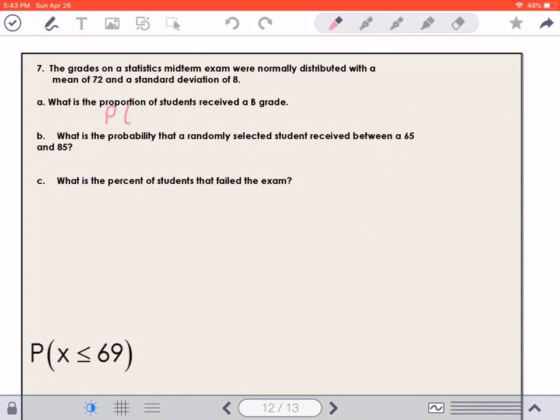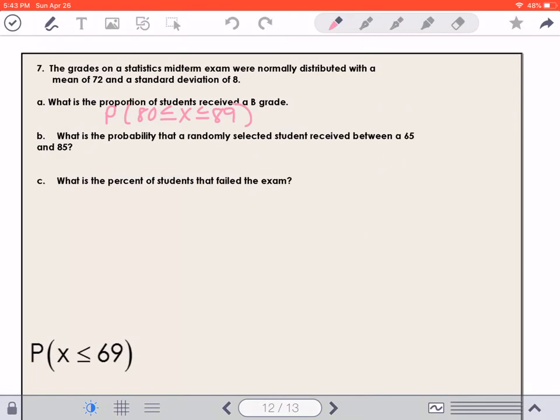80 and 89. Right? A B grade is limited between 80 and 89. So looking at this now, I want to go ahead and calculate this. So hit your second vars, number 2.